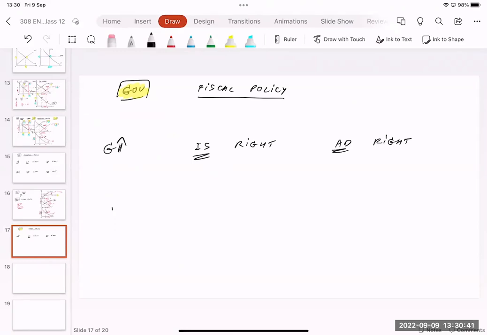If G is reduced, the government reducing government spending, the IS curve will shift to the left, and finally the aggregate demand curve also shifts to the left. Simple like that, very easy. So that's it. This is how government fiscal policy affects the aggregate demand curve.